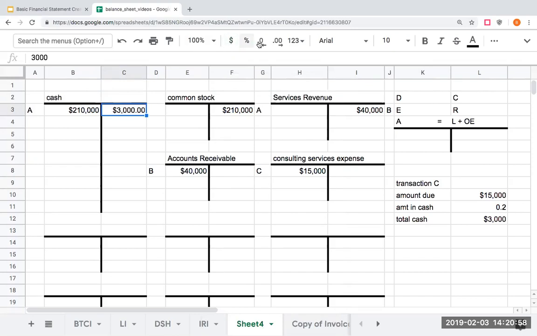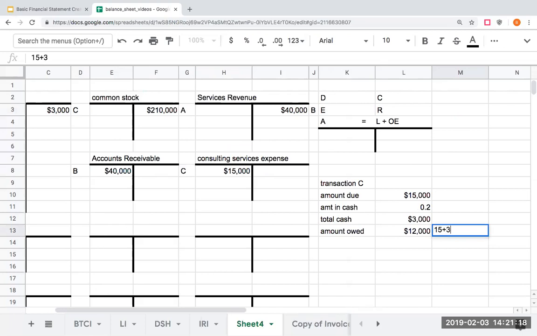Now the problem is, do my total debits equal my total credits? No. So what I need to do here is I need another credit here for $12,000. My amount owed is going to be this $15,000 minus a 3.